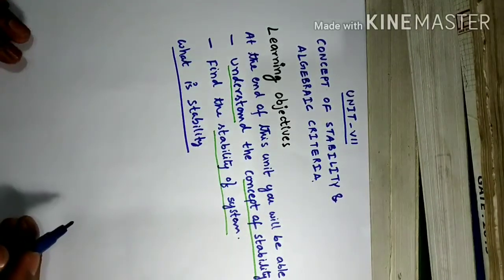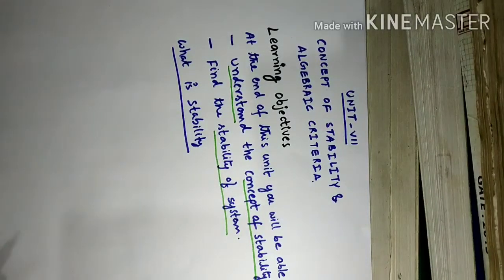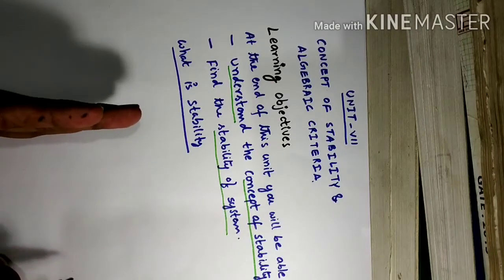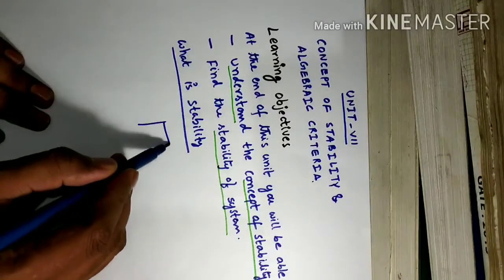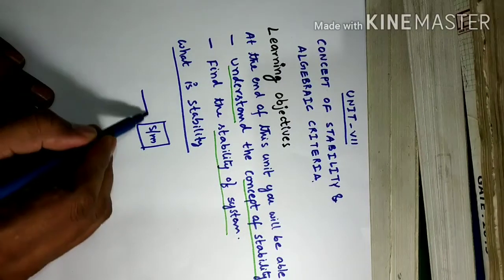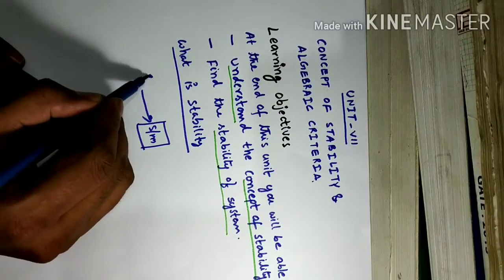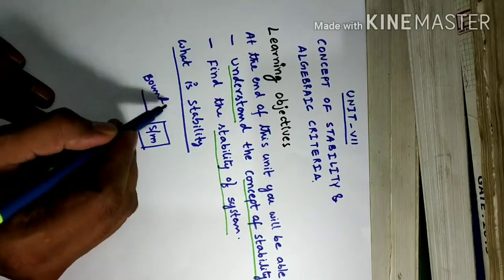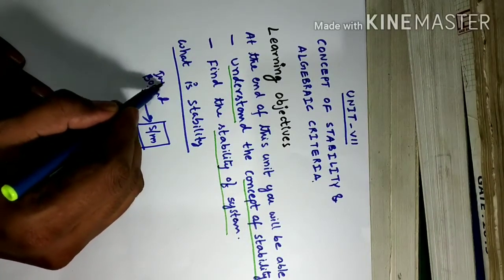Stability says that for a bounded input, if you get a bounded output, that is called BIBO stability. It means if we give a bounded input to the system, a control system, you will get a bounded output.